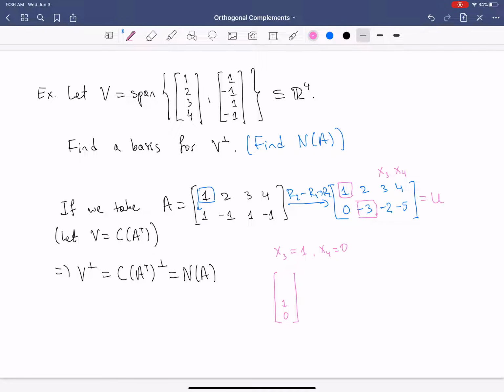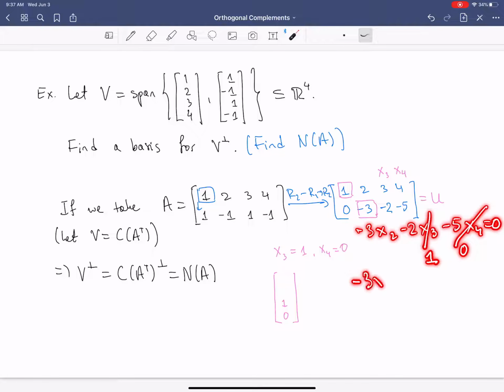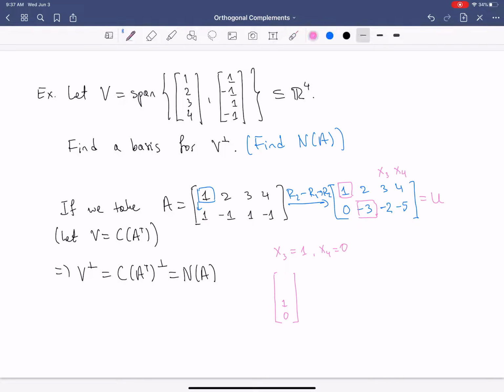Or I'm just using the equation that this row represents, which is negative 3x2 minus 2x3 minus 5x4 equals 0. Now x4 is 0 itself, x3 is 1. So what we have is negative 3x2 minus 2 is 0, or negative 3x2 equals 2. And from here, x2 equals negative 2/3.